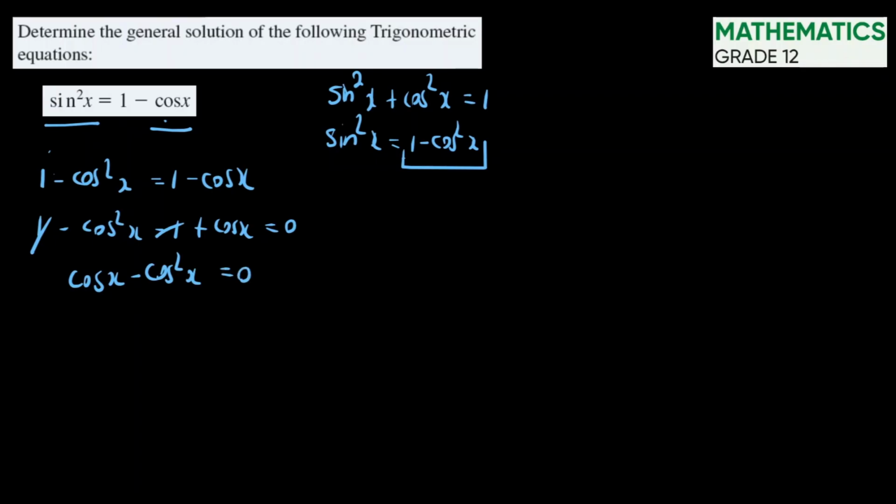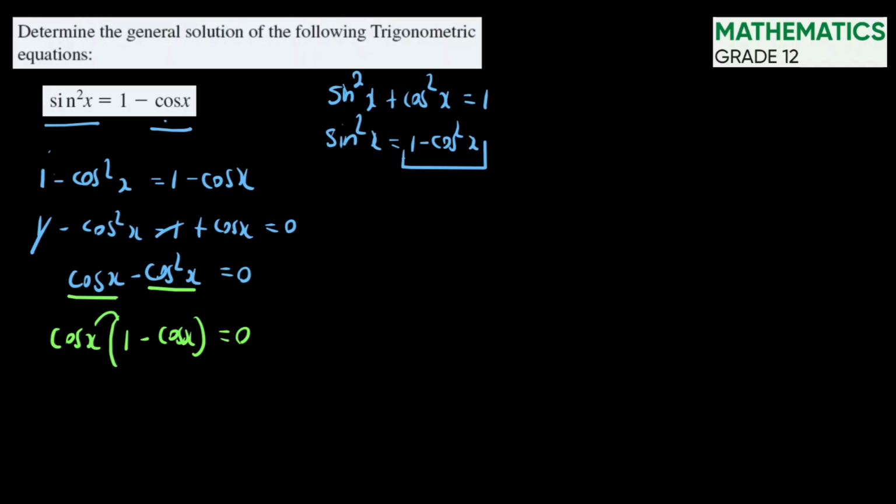We can see now that we have a common factor of cos x. We can take out 1 cos x here, you'll be left with 1, minus, if you remove 1 cos x from there, you will be left with cos x, equals 0. If you always want to check if you did the right thing, just multiply this back into the brackets and it should take you back to the previous answer.